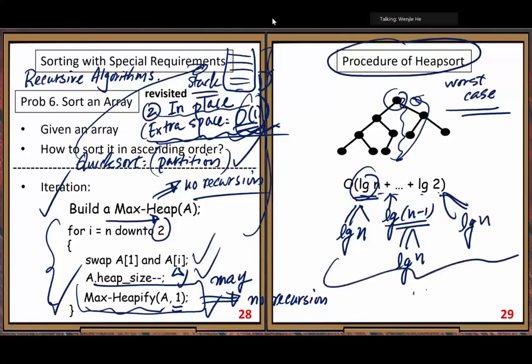In total, you have n terms. Actually, n minus 1, but here we use n. So the whole summation is bounded by big O of n log n.